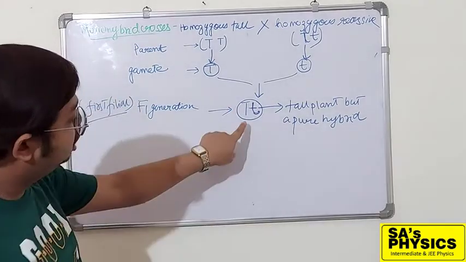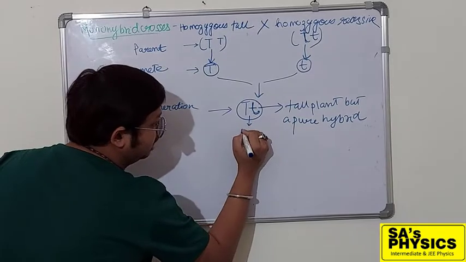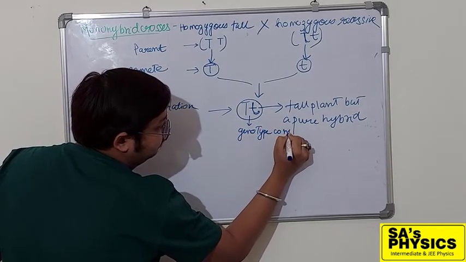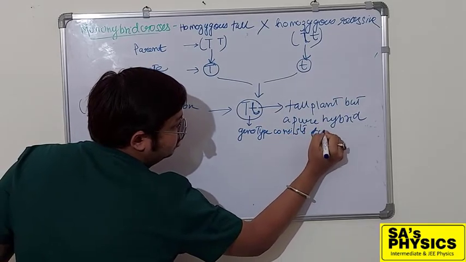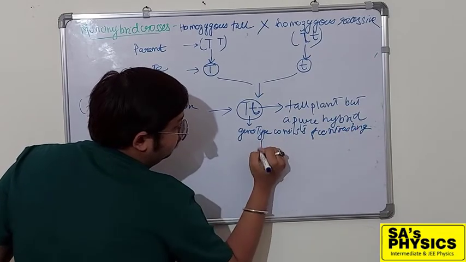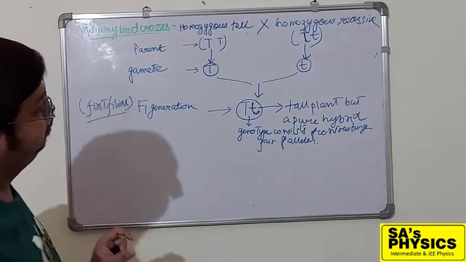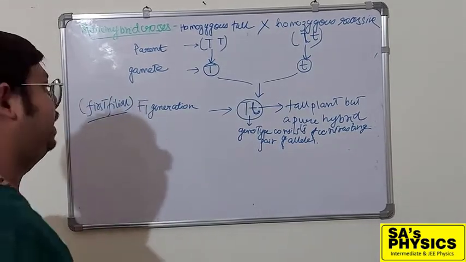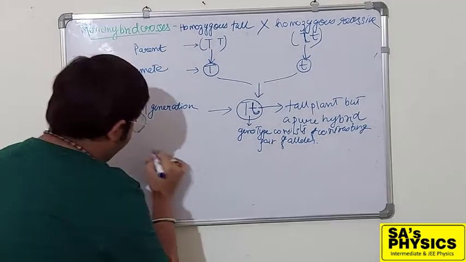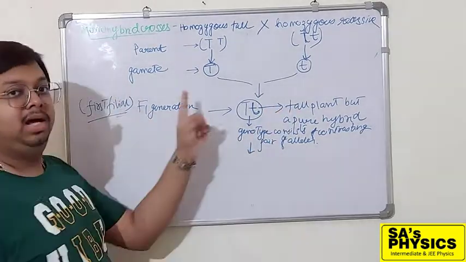Because the genotype consists of a contrasting pair of alleles. Right? Now, what Mendel did is, in the second step, he selfed these plants.